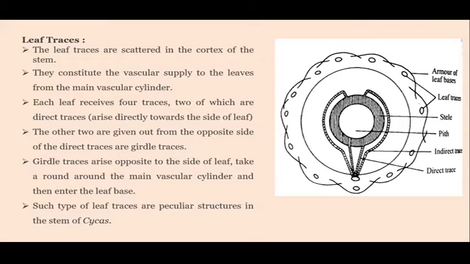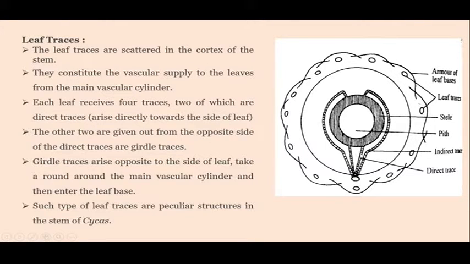Each leaf receives 4 traces, 2 of which are direct traces. Here in this diagram you can see the leaf base, and this leaf base receives 2 vascular strands from the same side of the leaf base.